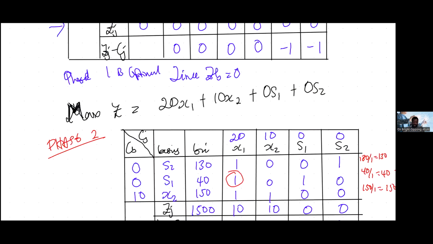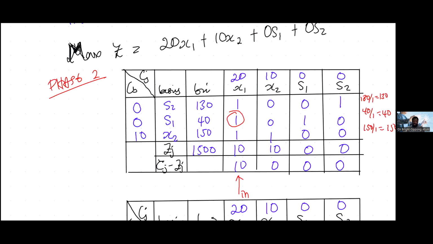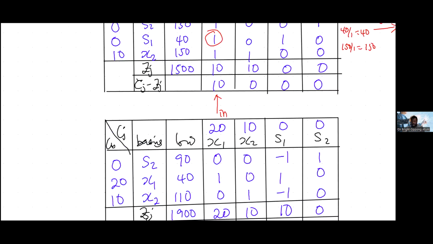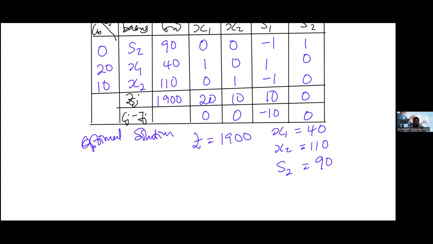Then we take our phase 2, which is maximizing the objective function without the artificial variables. We solve by using the simplex, and by one iteration, we are able to arrive at the final solution. So I hope this helps and you understand.